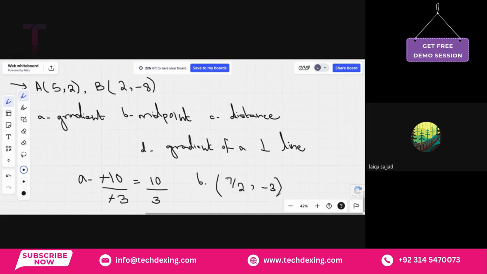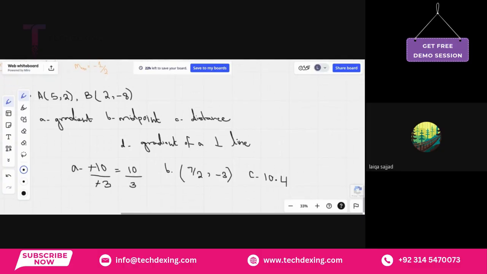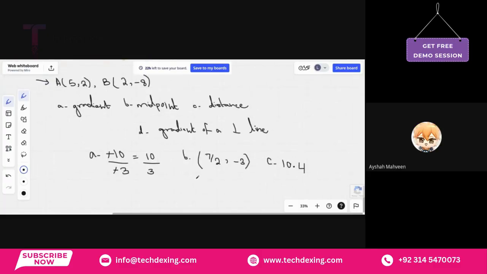Now you have to find the distance. Distance was 10.4. Okay, and then you have to tell the gradient of a line that will be perpendicular to this line. It'll be minus 3 over 10. Yes, very good. It will be the negative reciprocal of the original line, so minus 3 over 10.